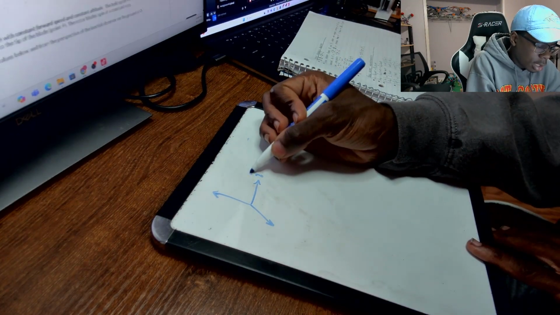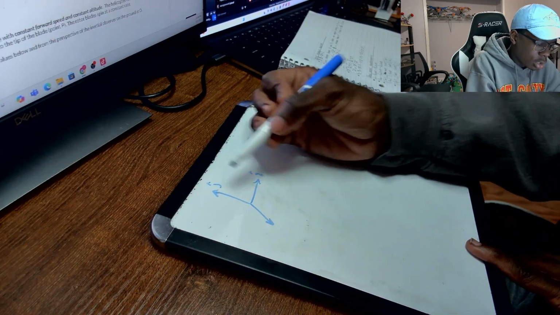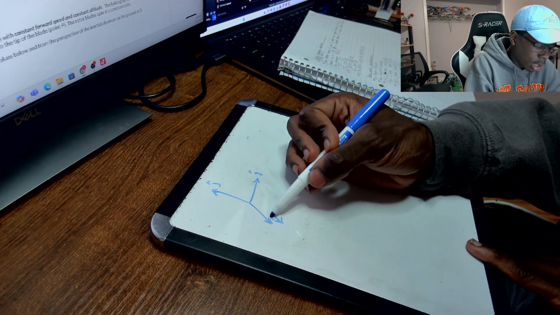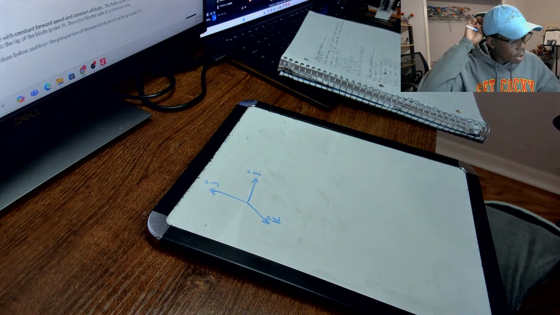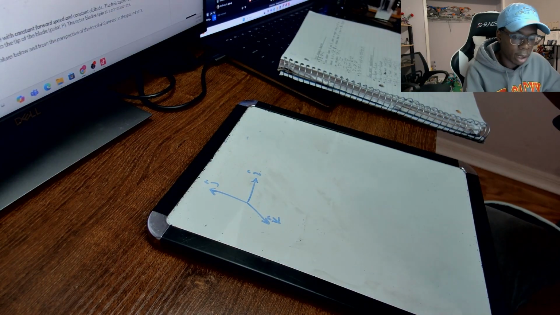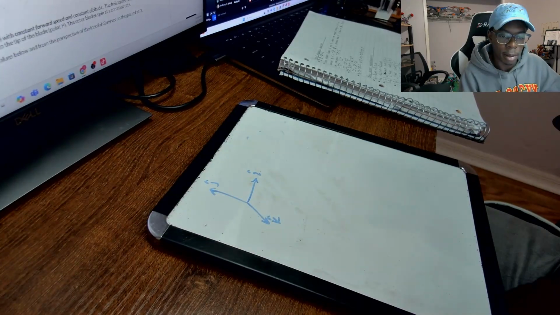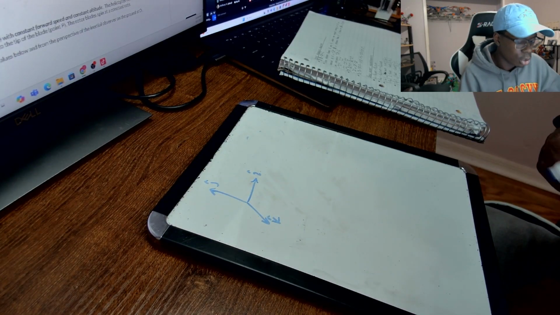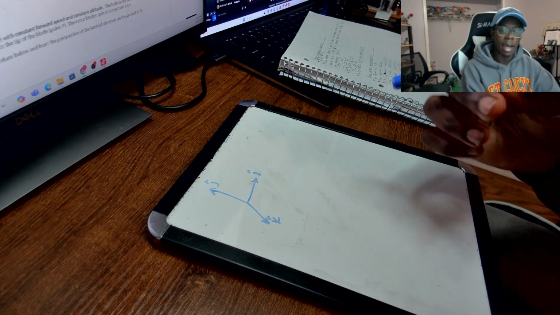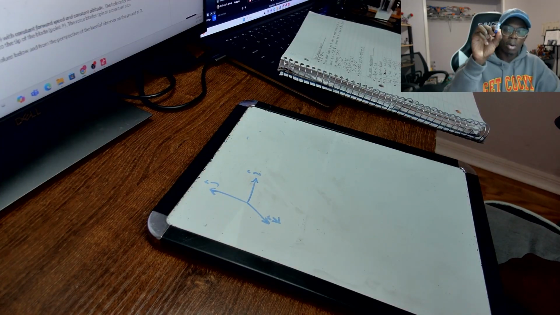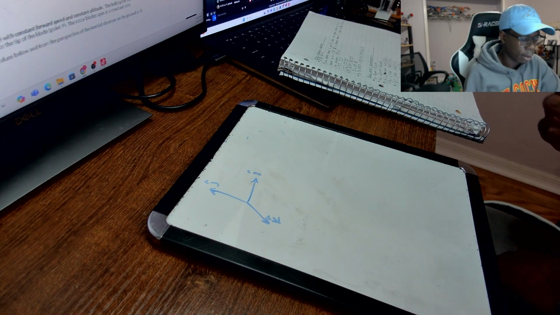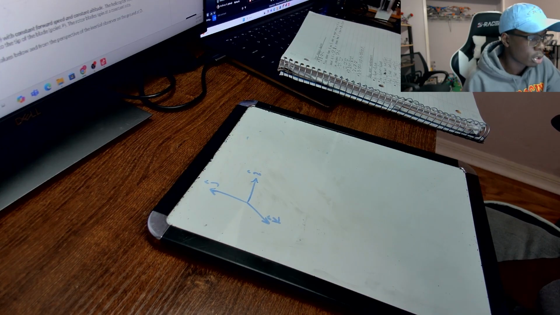But I'll say I, J, and K. I'll have it set up like that, where I and J are in the plane of my page, and then my K is sticking out of the page, right?